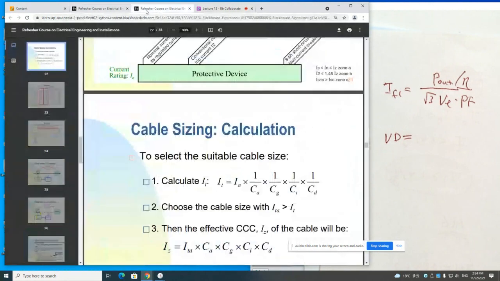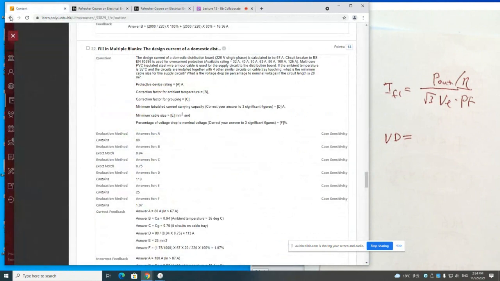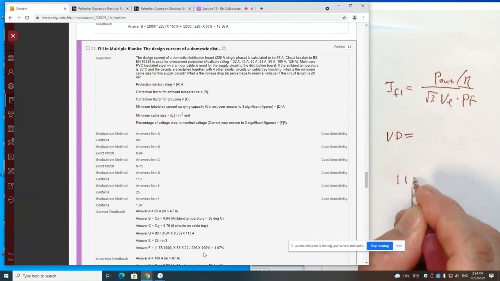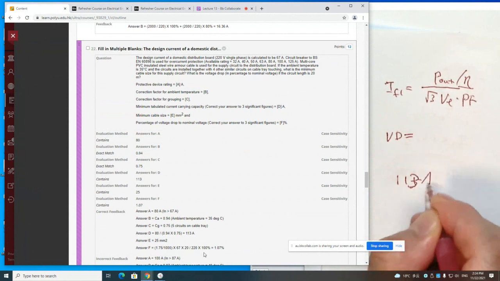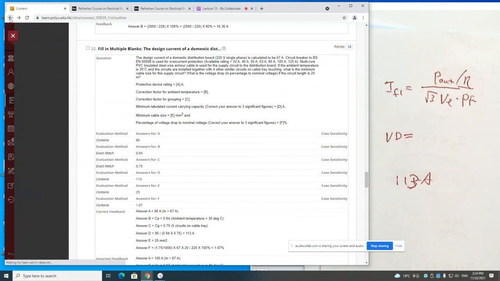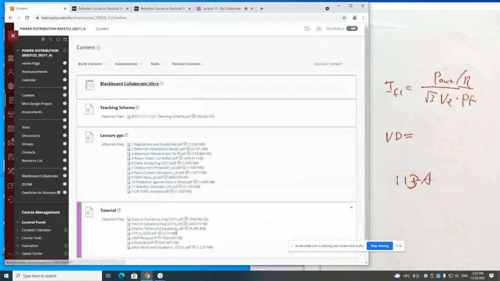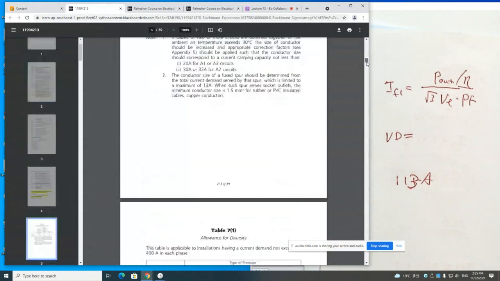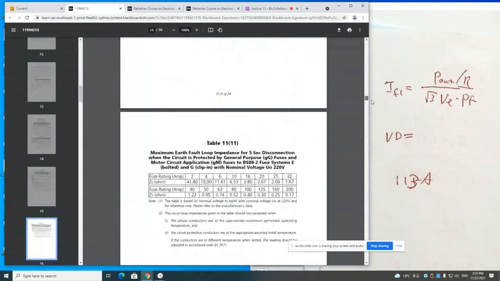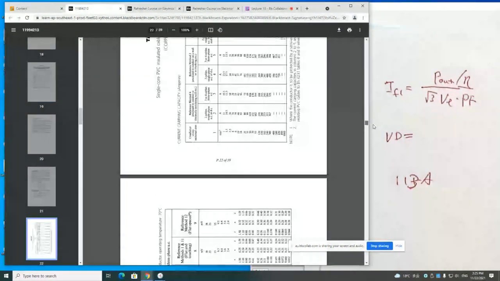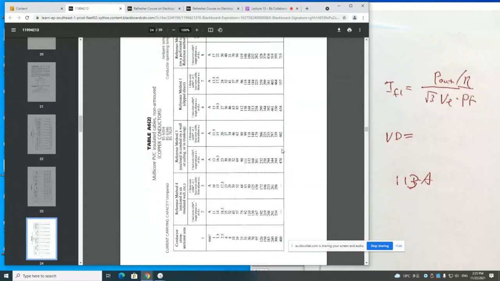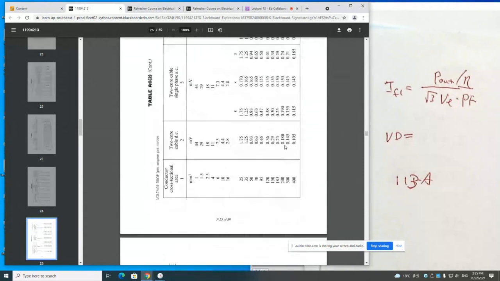Let me see, 115, 113. Multi-core PVC, multi-core non-armored, multi-core armored.